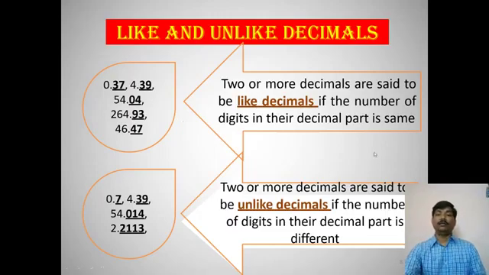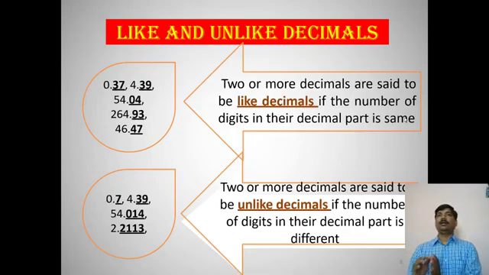Two or more decimals are said to be like decimals if the number of digits in their decimal part is the same, not different.